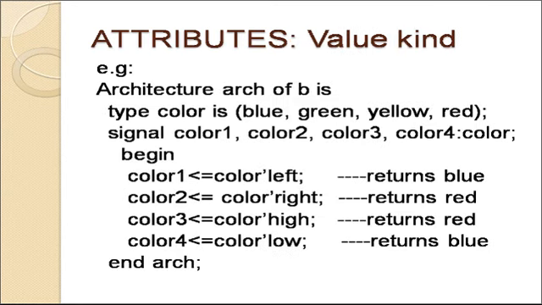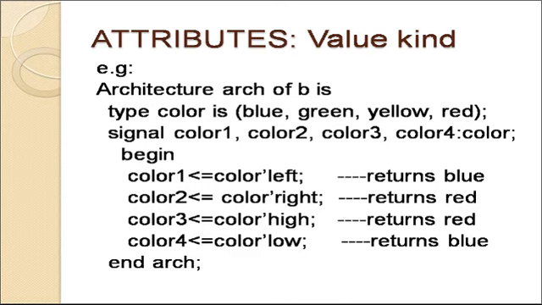Here you can see a simple example to understand the thing. First, we have declared a type, and the name of the type is color, and the values assigned in it are blue, green, yellow and red, and there is a declaration of 4 different signals: color 1, color 2, color 3, color 4.